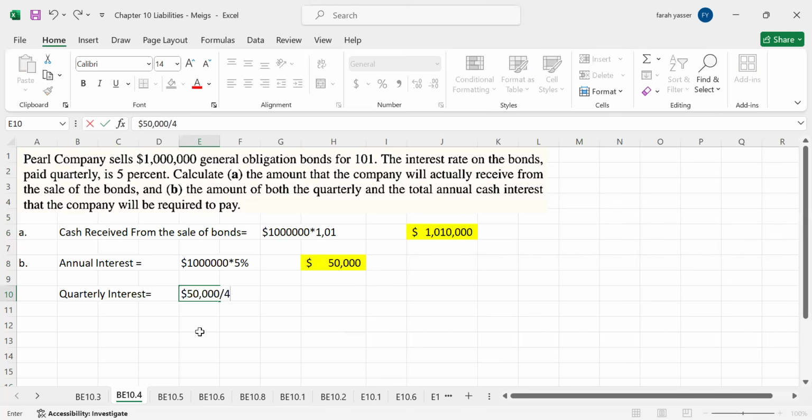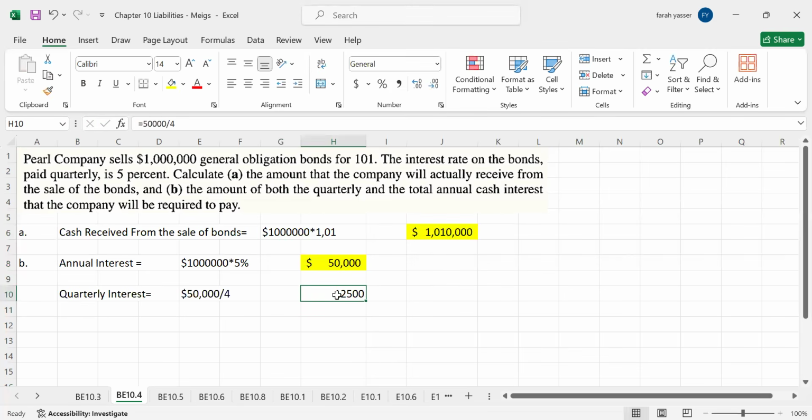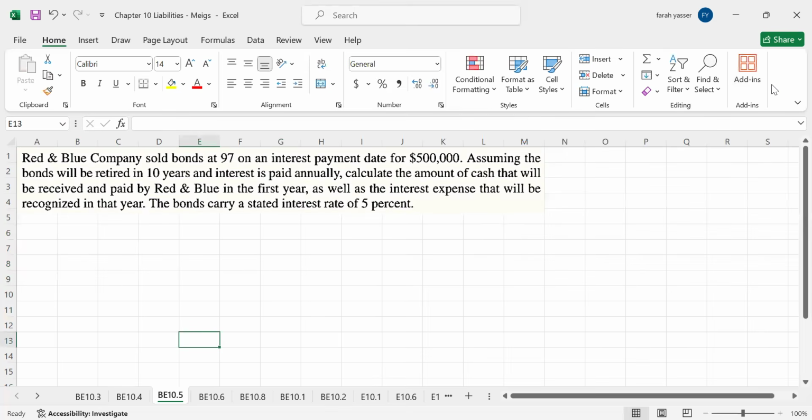So we divide it by 4, and the quarterly interest payment would be $12,500. So this was brief exercise 10.4. The next exercise is 10.5.